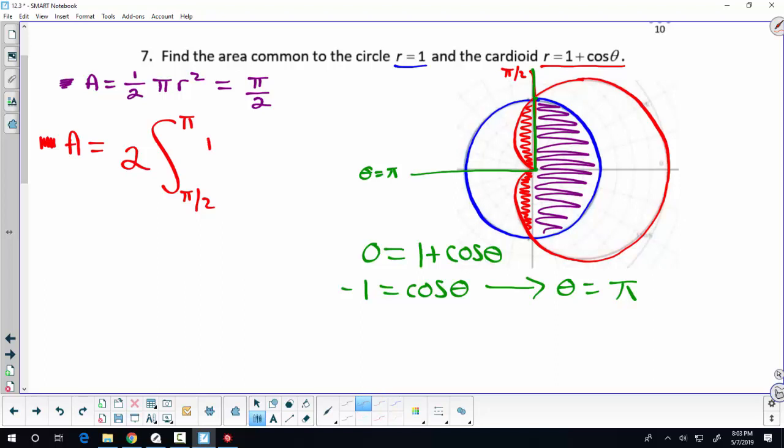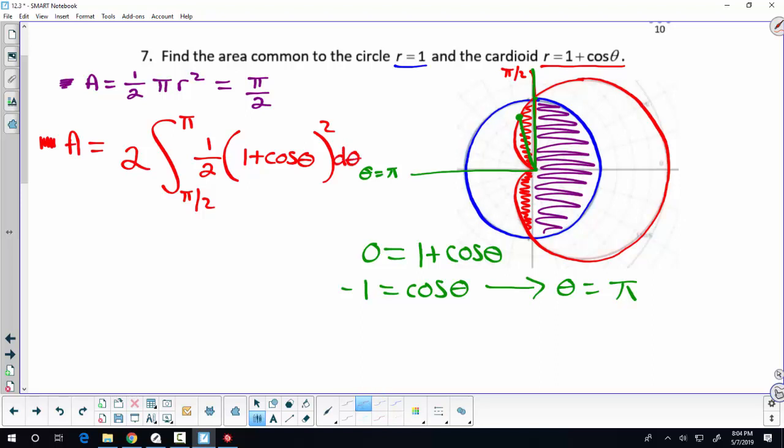The function then is 1/2 f of theta squared. What's our f of theta? Yeah, just 1 plus cosine theta. So we just want that theta to sweep that out. We have our outer as the cardioid and the inner basically is 0, d theta.